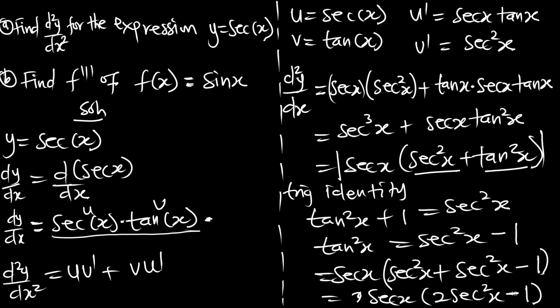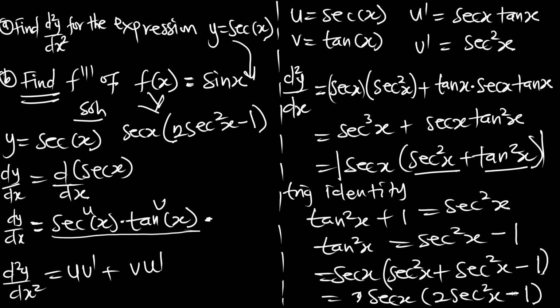Are we okay? Therefore, the second derivative for this function is sec x times 2 sec square x minus 1. A very simple one. Are we okay? So this is the first expression.